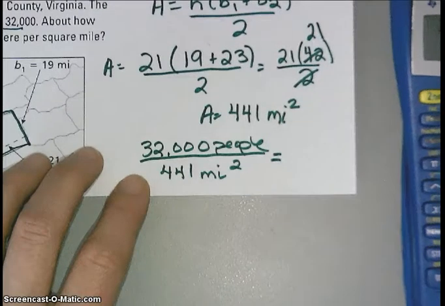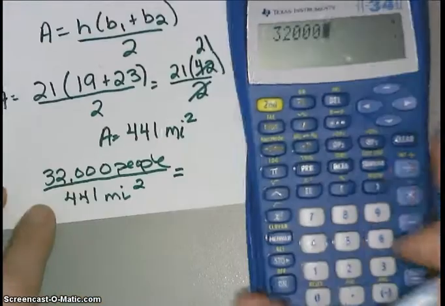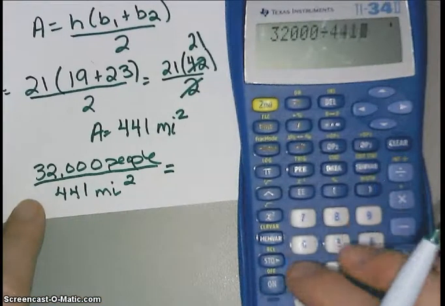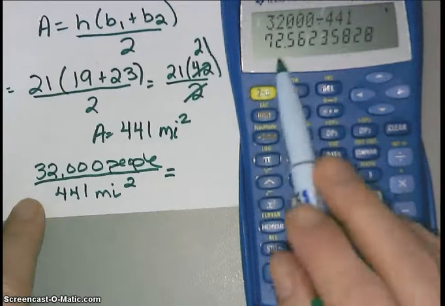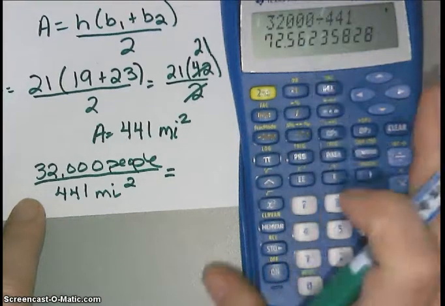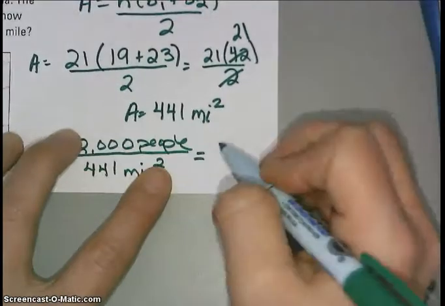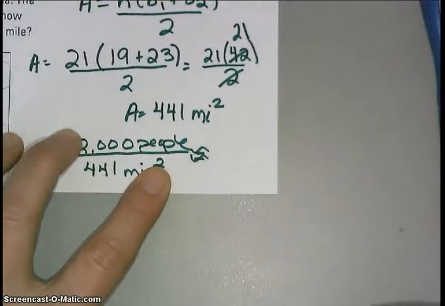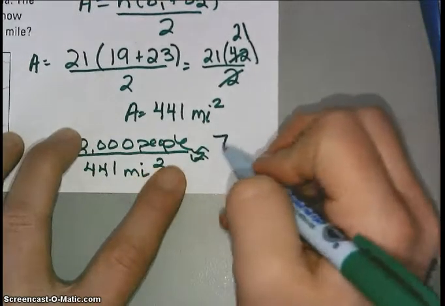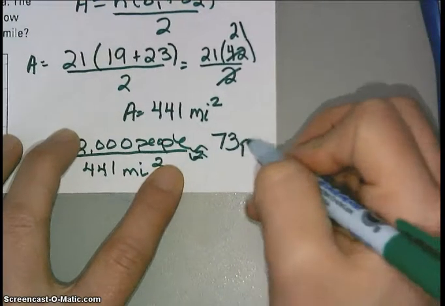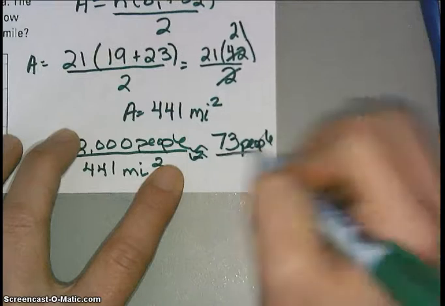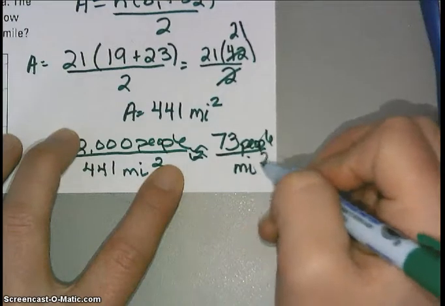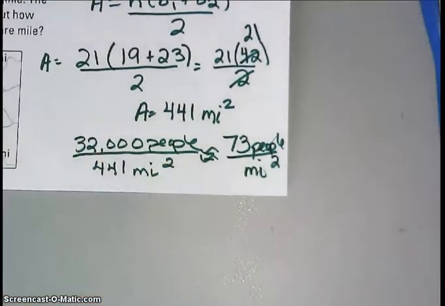So if I divide 32,000 divided by 441, I get 72.5, so I get approximately 73. So I'm going to do a little squiggly line, approximately 73 people per mile squared.